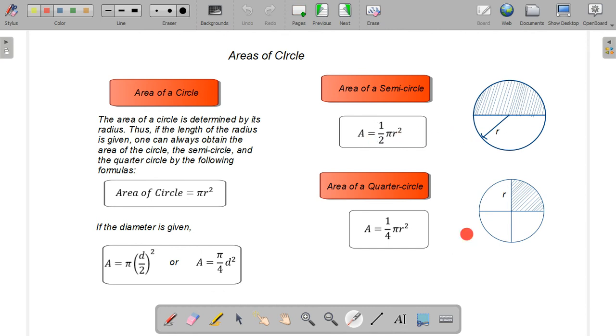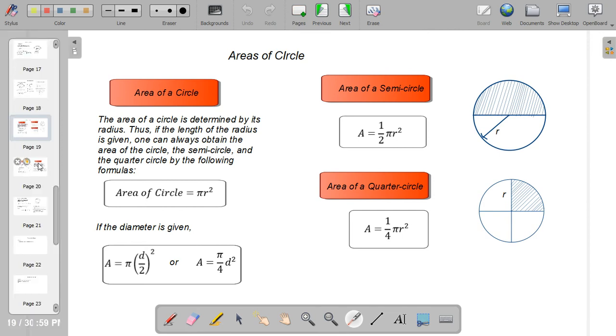What about a quarter of a circle? So for a quarter of a circle, you divide the area of the circle into 4. So one part is a quarter. So here you can just simply multiply a factor of 1 over 4 or 0.25 or 25% of the area of a circle. Okay.